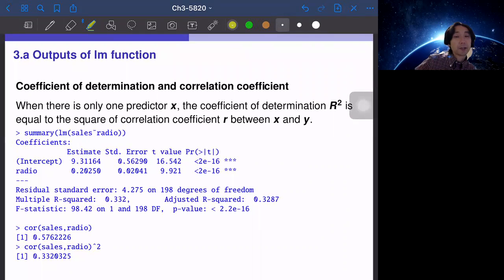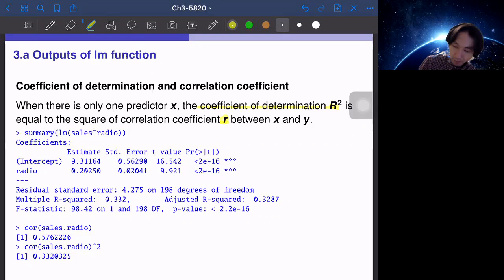Okay, so the next question: why is R-square called R-square? That is because we use R for the correlation coefficient, and the square of the correlation coefficient is equal to multiple R square. Multiple R square is also called the coefficient of determination, and it is just the square of the correlation coefficient if we have one predictor.